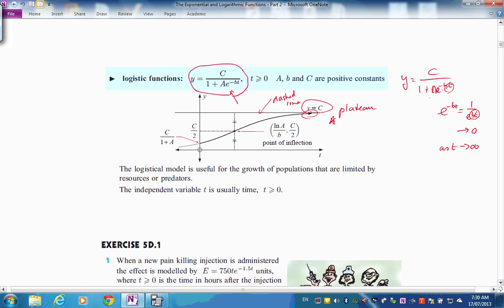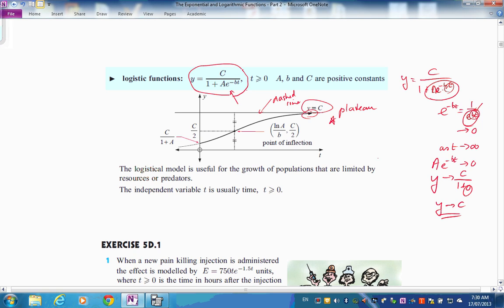So this whole thing here, e to the neg bt, is going to tend to naught, so y is going to tend to c over 1 plus naught. It's going to tend to c. But it's only tending to. This can never be 0, can it? It'll never disappear. So it will get closer and closer to c, but actually can't equal c, because this e to the bt is only tending to 0.